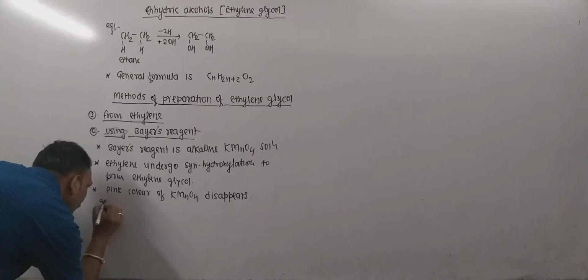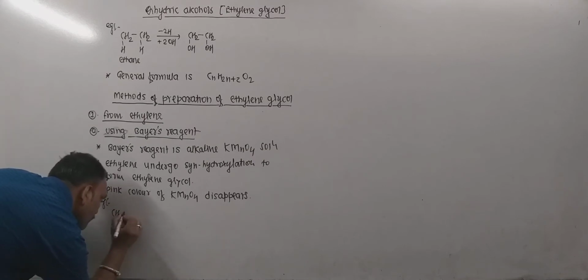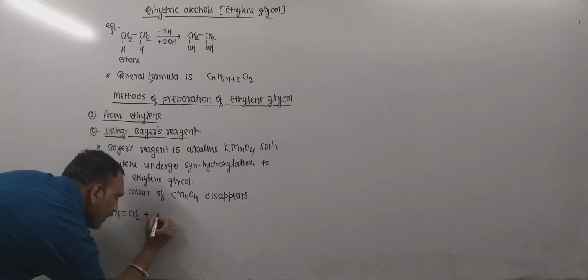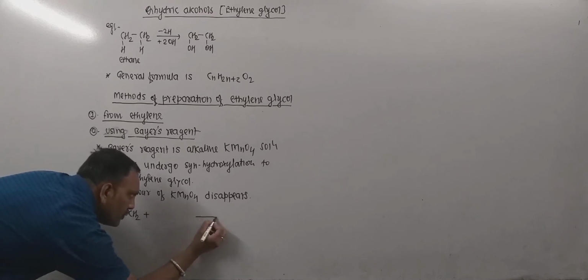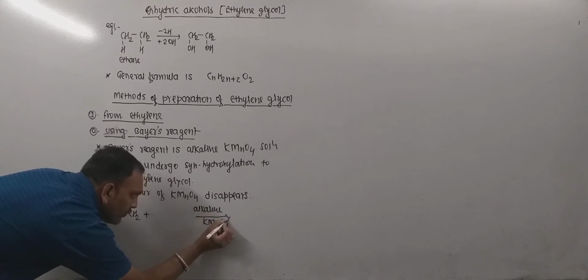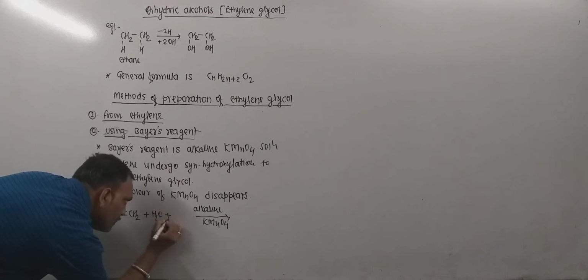So let's see the reaction. For example, ethylene can be given as CH2=CH2. When we use alkaline KMnO4, then hydroxylation takes place.